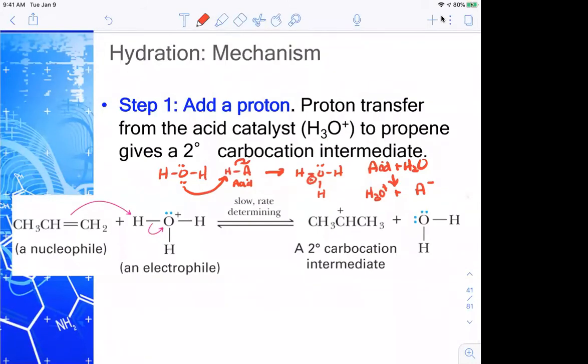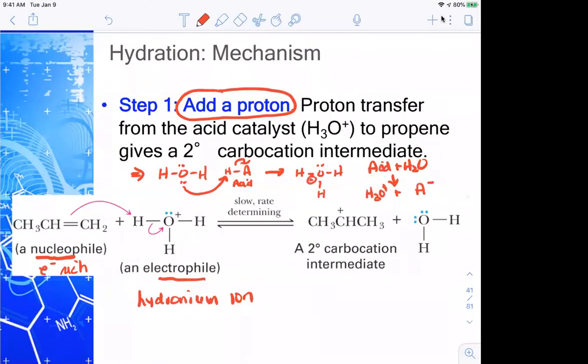So this H3O+ that's formed from the acid reacting with water is the electrophile in this first step, which is adding a proton. This is actually what's adding the proton. The acid reacts with the water, and it's this H3O+, or hydronium ion, that reacts with the nucleophile. This is the nucleophile. Remember, this is electron rich.